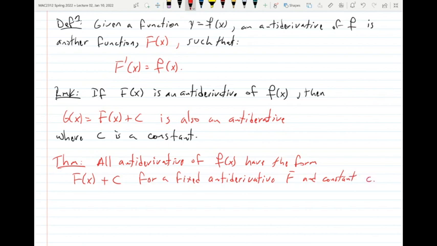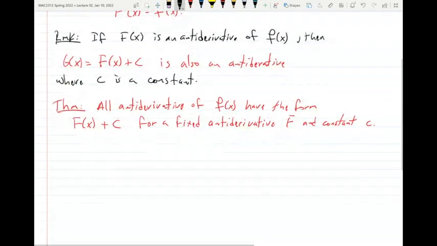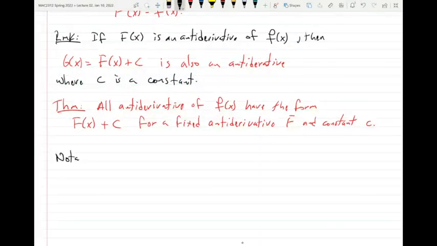Okay, so typically when you're asked to find the integral of a given function, an indefinite integral, what we are asking for is, I want you to give me all possible antiderivatives. That means that whenever you do an indefinite integration, your answer will always have a plus c at the end. Why? Because I'm not asking you for one antiderivative, I want to know all of them. But you already know that all of them have this form. You just need to find one of them, then you just add plus c. Okay? So here is a notation that we use. So, notation.